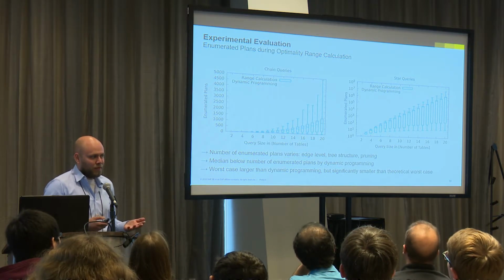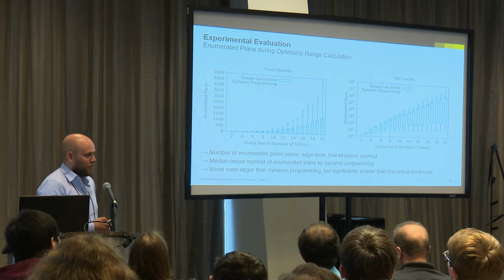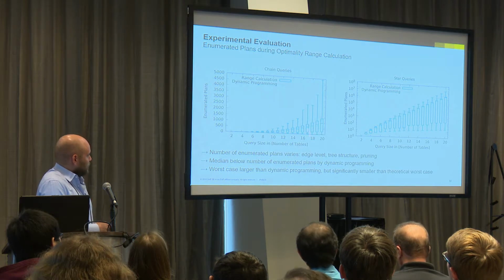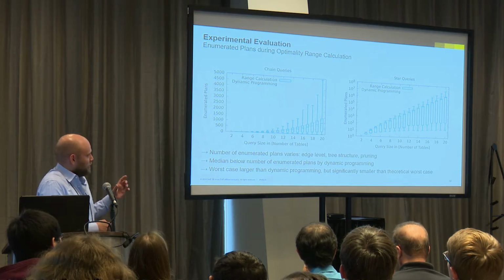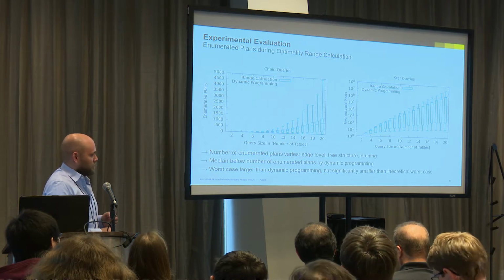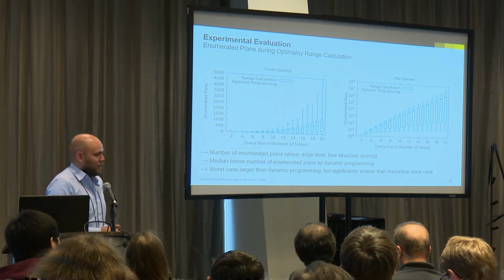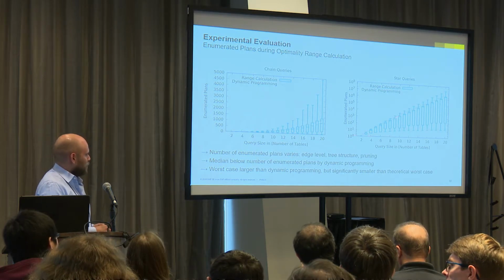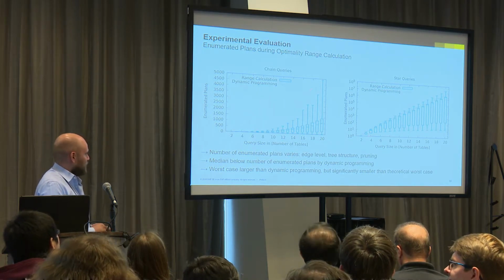It's a different problem, but we just want to show how much dynamic programming would enumerate. Calculating an optimality range basically depends on the level of the edge in the plan, on the tree structure, and how efficient the pruning was.